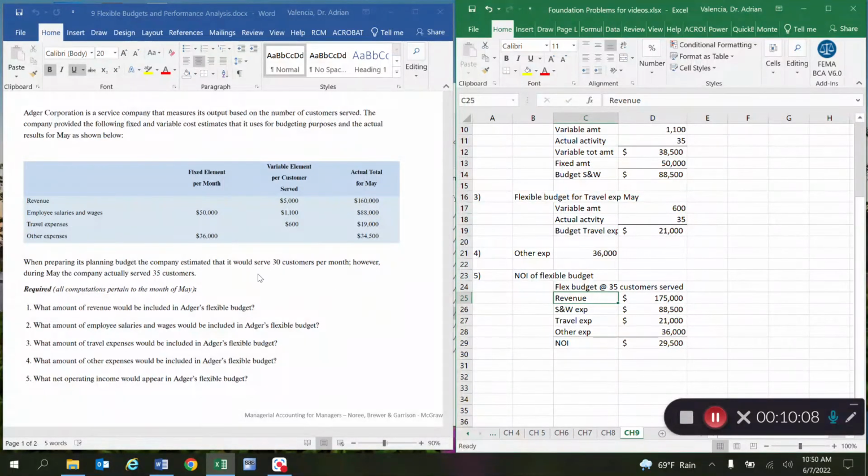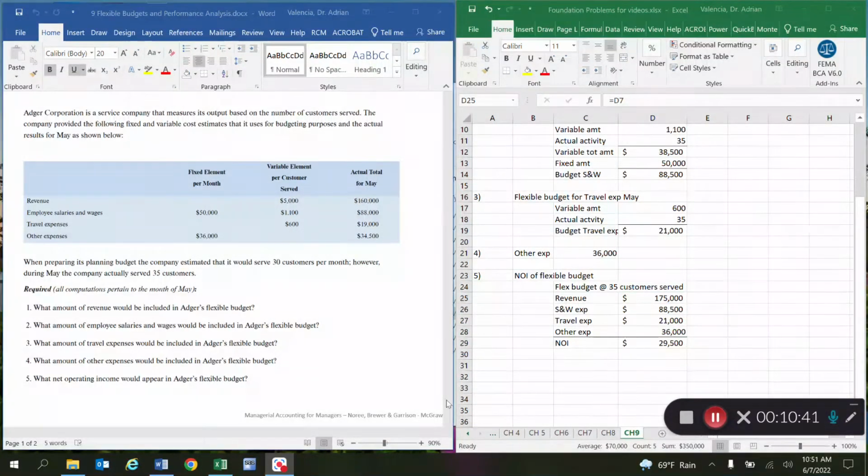Okay, so if you were to grab the original budget of 30 customers served and compare it to the actual results, then you would not be comparing apples to apples. So you need to modify the original budget to 35 customers, and that's what we did right here. So that now when we compare to these numbers, we can see apples to apples. In other words, this is a budget based on the fact that 35 customers were served. So that's comparable.